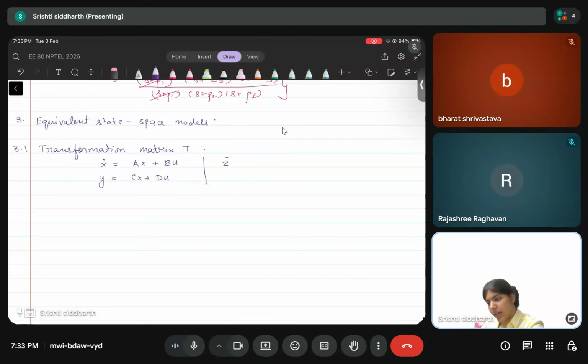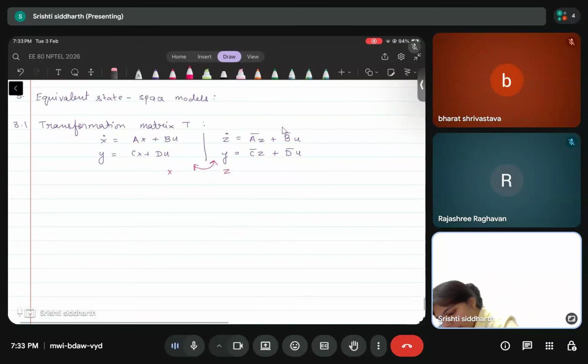This is z dot equals A bar z plus B bar u, and the output is C bar z plus D bar u. And since we are talking about the same system, there should always be a transformation between the two states, x and z, right?